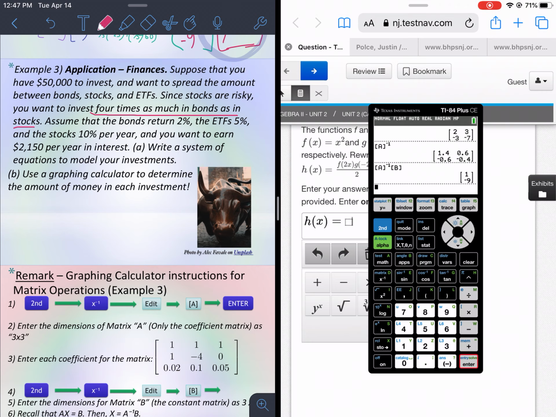Assume that typically a bond will return 2% per year, an exchange-traded fund returns 5% per year, and stocks return 10% per year. Over the course of a year, you want to earn $2,150 per year in interest. Write a system of equations that models the investments.